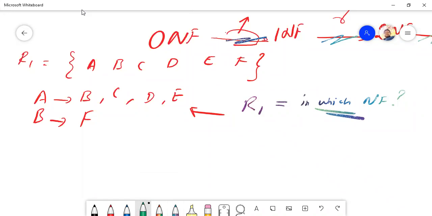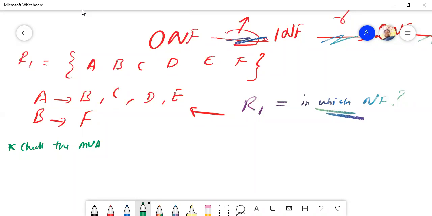So first of all, you have to check the multi-value attribute. Check the multi-value attribute, right?